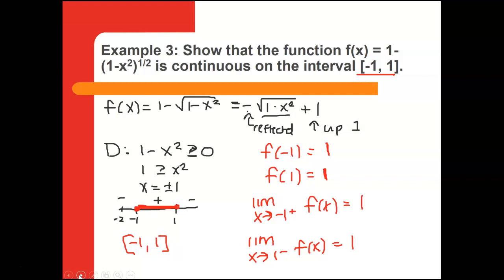As you're getting closer and closer to that endpoint, since it's a closed circle, you can just plug in, and we see that both of those are 1. So we've shown that the left-hand continuity is equal to the left-hand endpoint, and the right-hand continuity is equal to the right endpoint. Therefore, f of x is continuous on the interval.